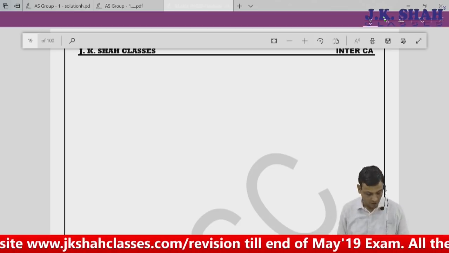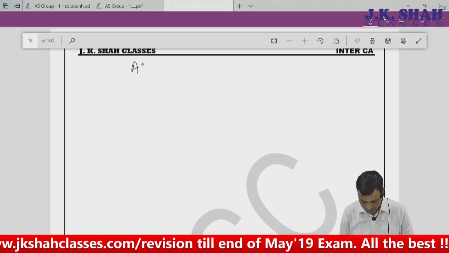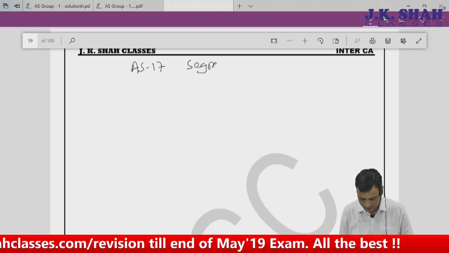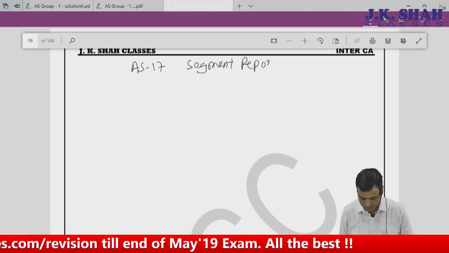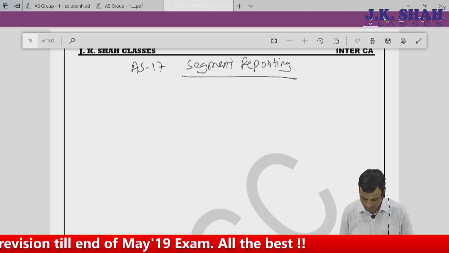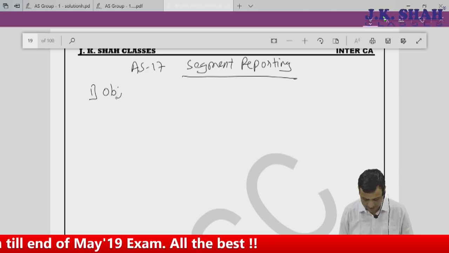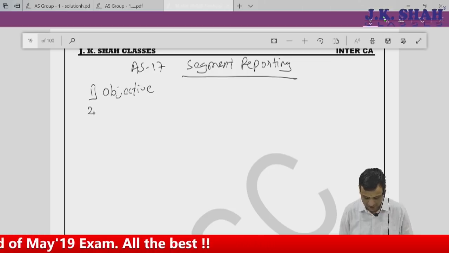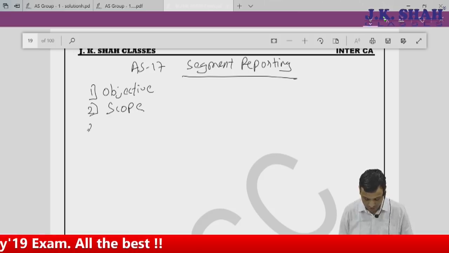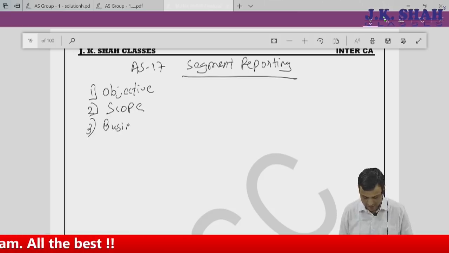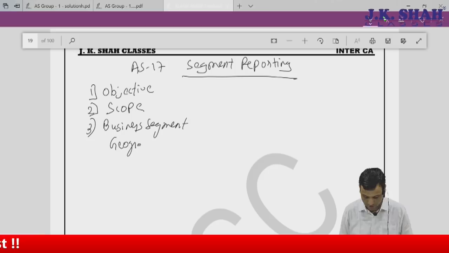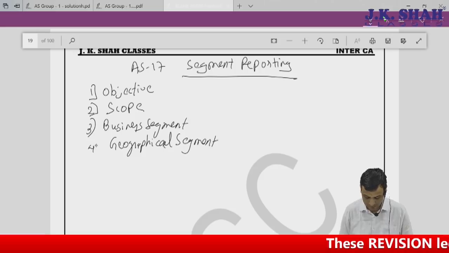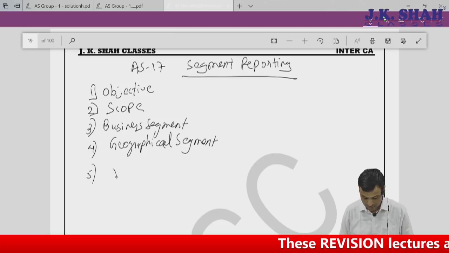Let's start with accounting standard number 17, that is segment reporting. Now, first of all, why this standard? That is nothing but the objective. What is the requirement? The scope. What do you mean by business segment? And what is a geographical segment? Then some definitions.